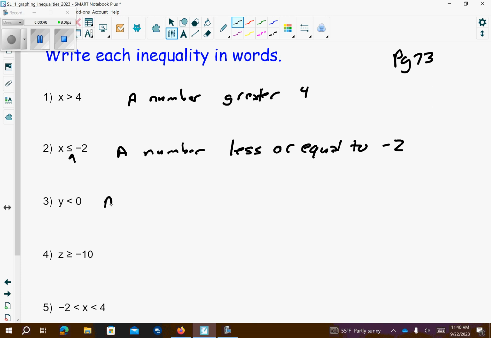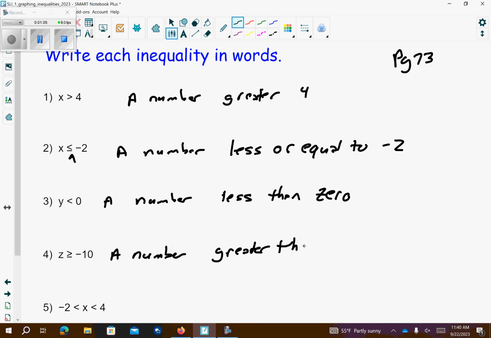This one is a number less than 0. This one is a number greater than or equal to -10.